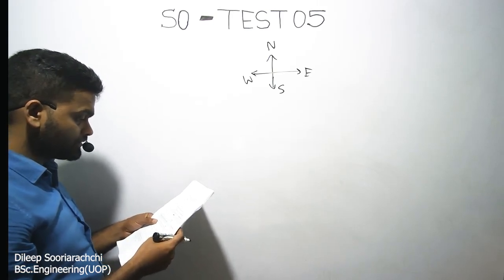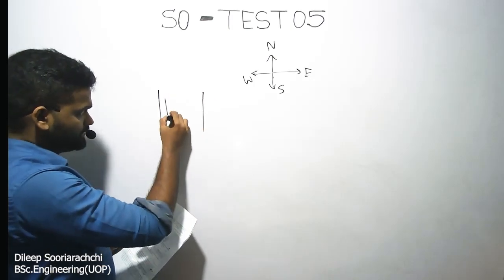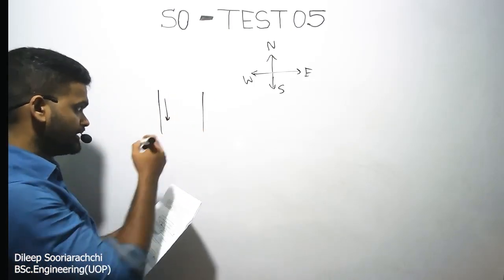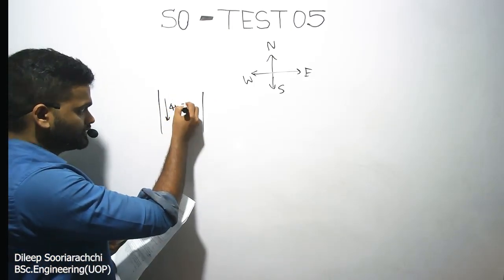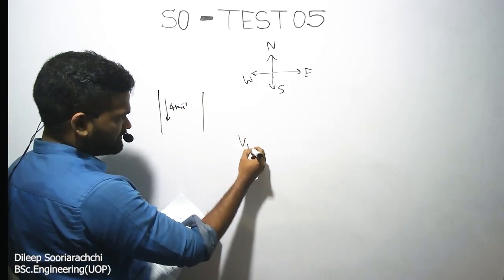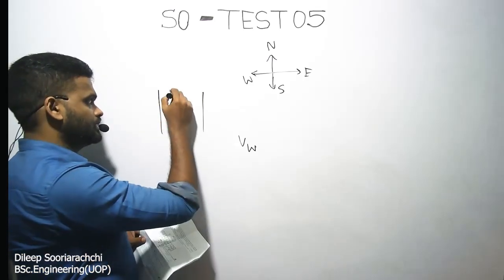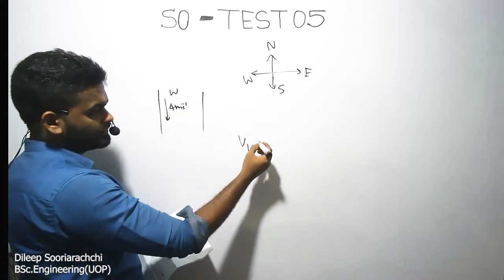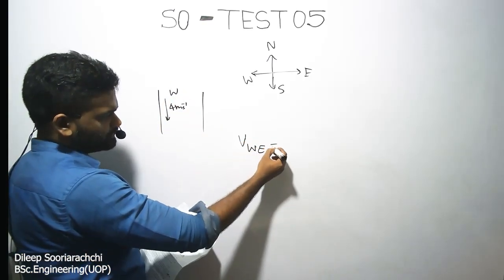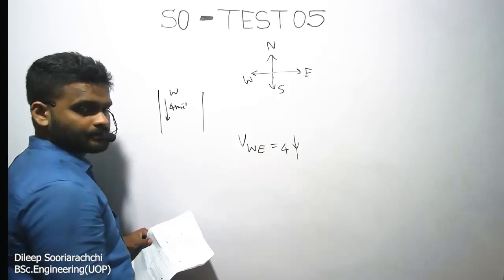River flows south. So the river flows to this side, 4 meters per second. Let's say the river has water, water is flowing, right? So the water relative to earth is obviously 4 meters per second and downwards.